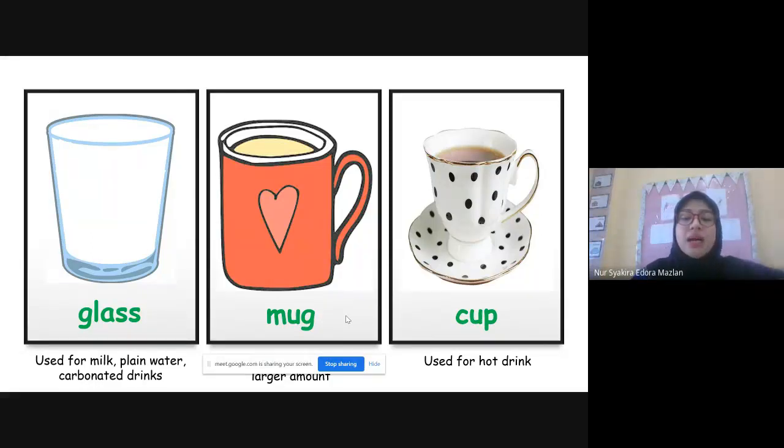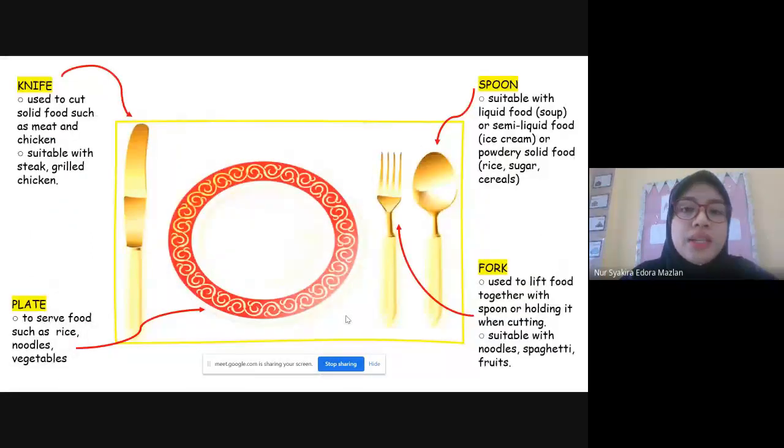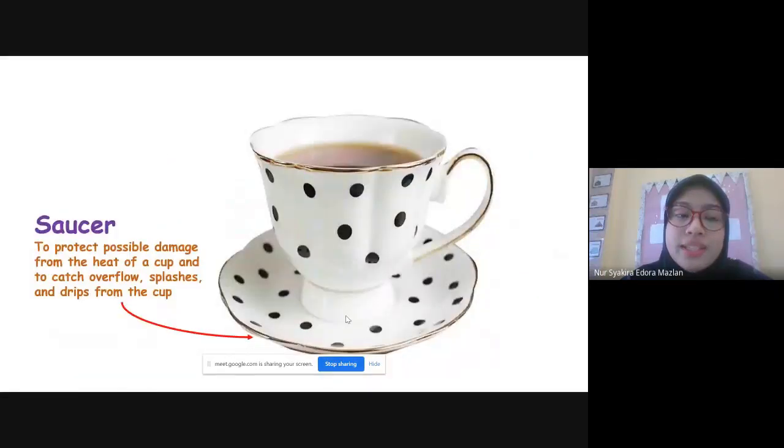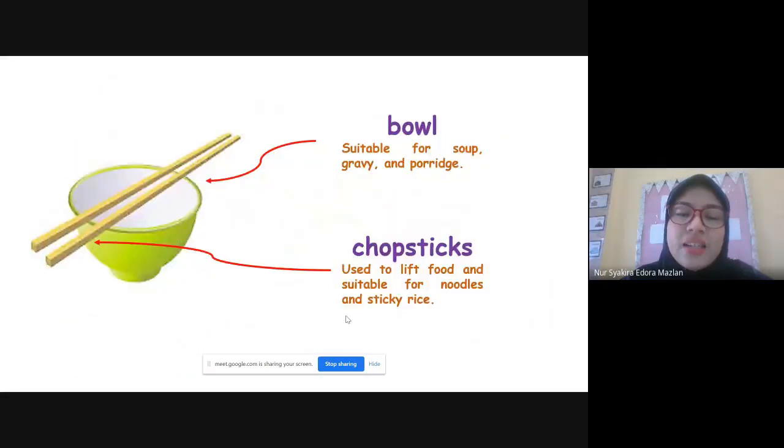Okay, glass, mug, and cup. And this one is the most common one. We have knife, plate, spoon, and fork. Check your spelling again. Knife, spoon, fork, and plate. We have glass, mug, and cup, saucer, napkin, bowl, and chopsticks.